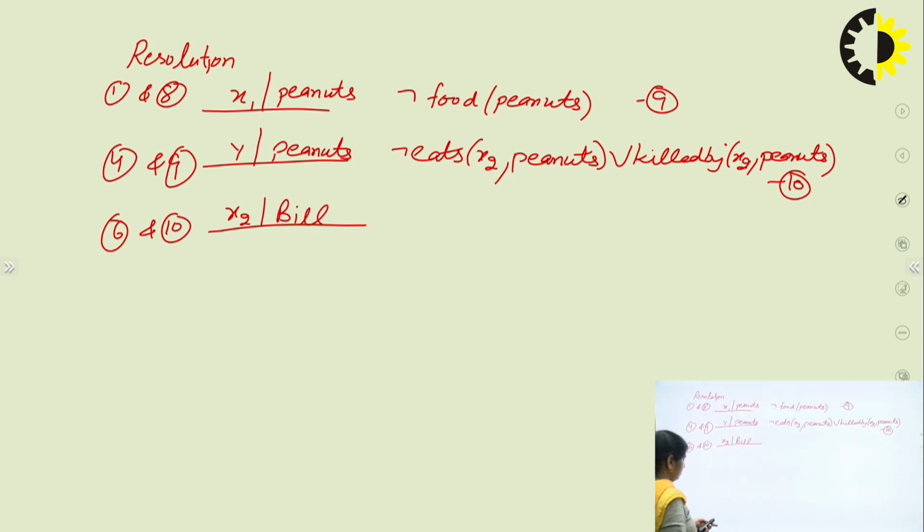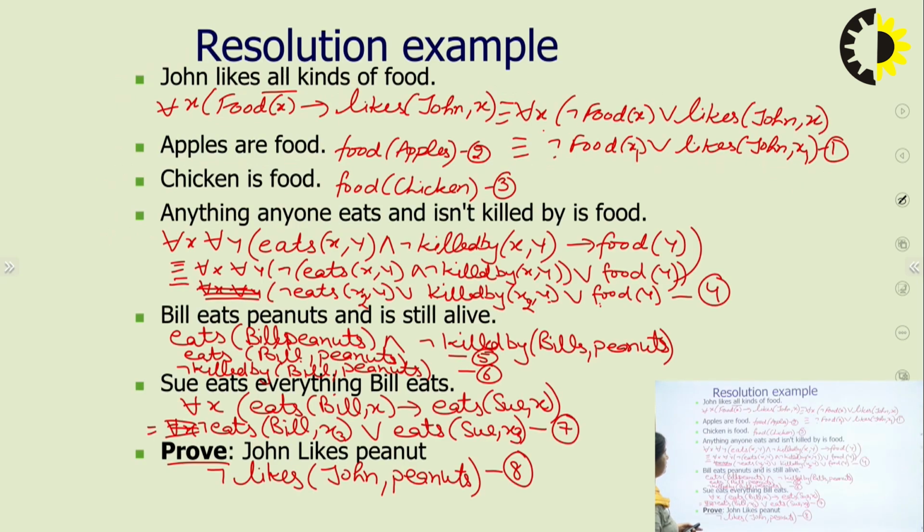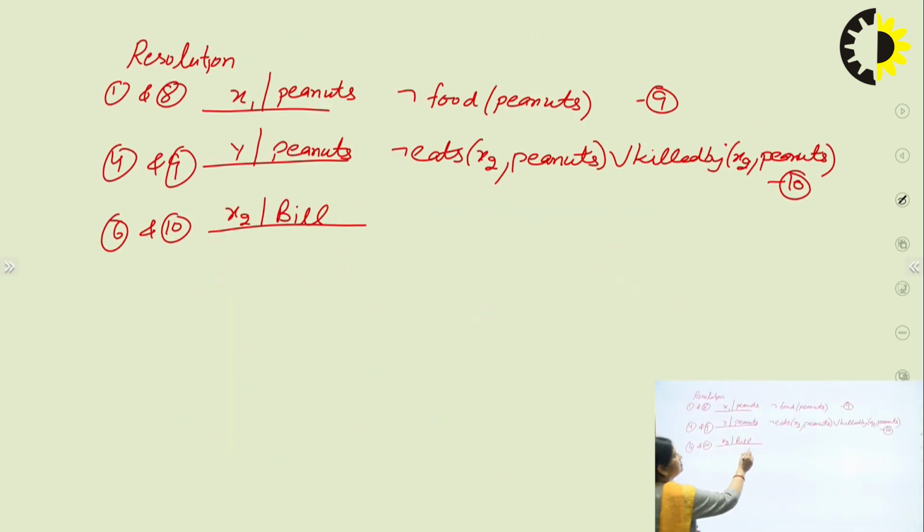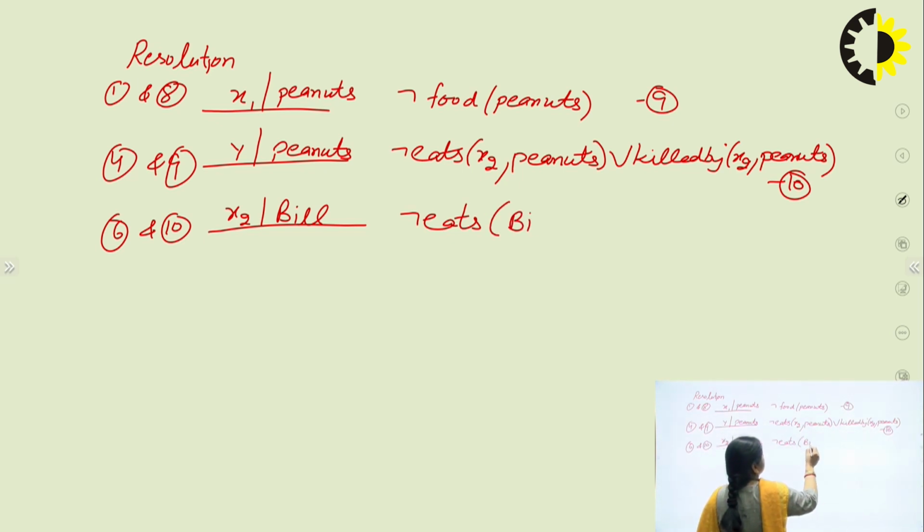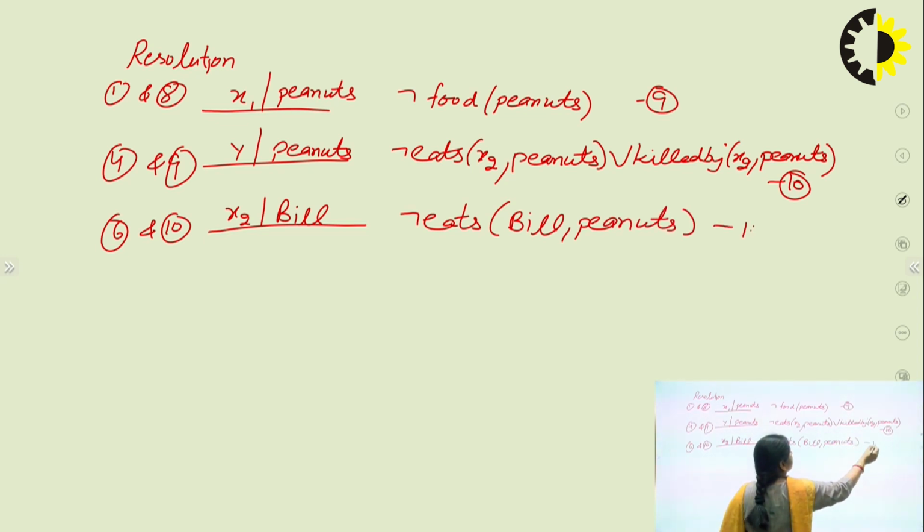What I was having there in 6 was not killed by Bill peanuts. So I will take it as Bill. So what I will get here, only this. This term will get resolved. Let me take it as 11.